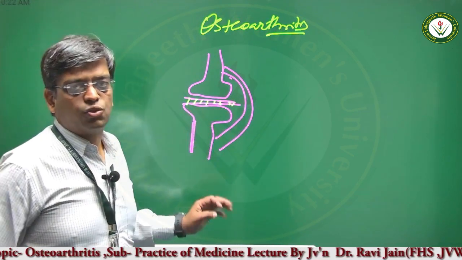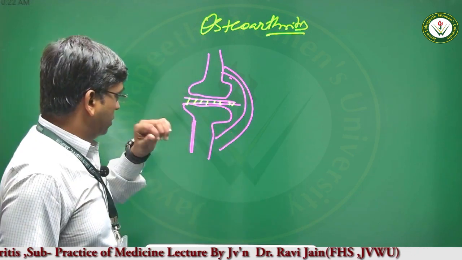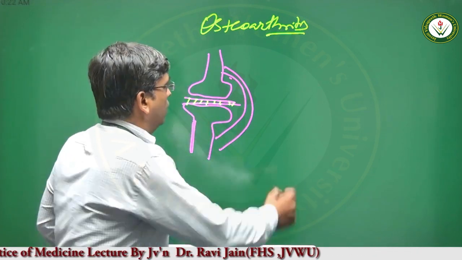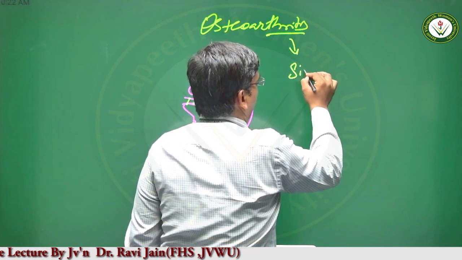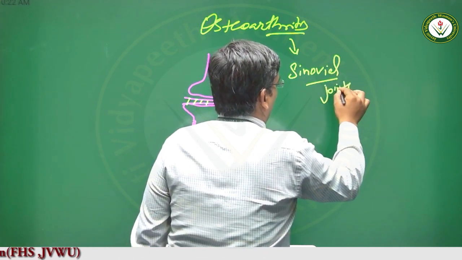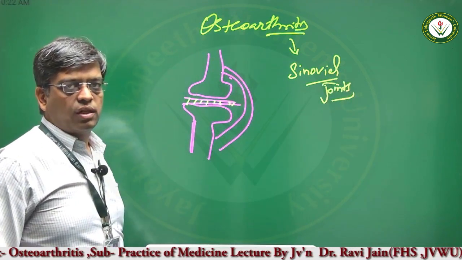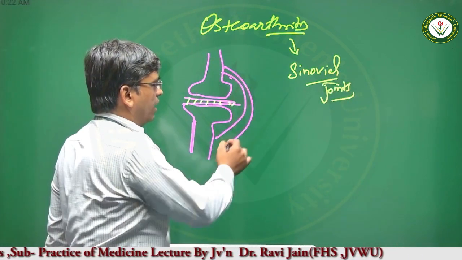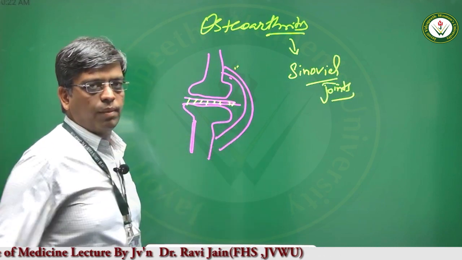This is basically a synovial joint. Osteoarthritis is mainly affecting the synovial joints of the body. What is the meaning of synovial joint? Synovial joints are those joints in which the synovial membrane is present. Here we have the synovial membrane.